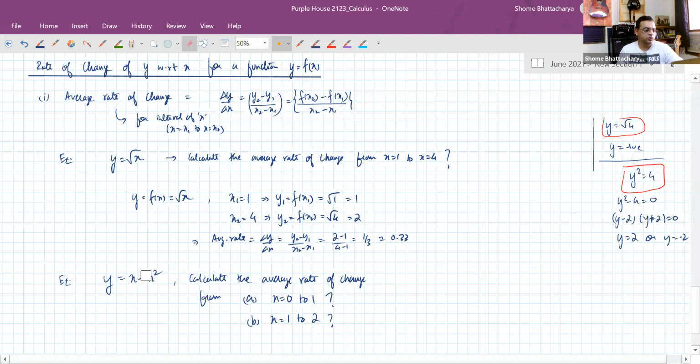In fact, just make a small modification here. We'll make the function 2x minus x square. You'll see you'll get an interesting result when we do this. Okay. So just make a note of the first example if you like and work out the second one.